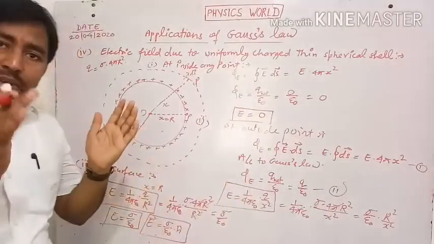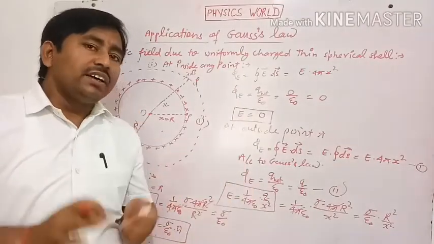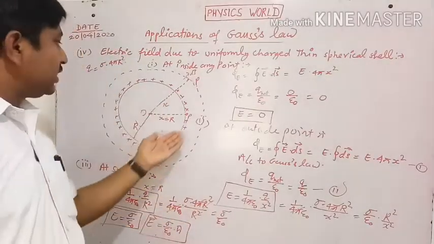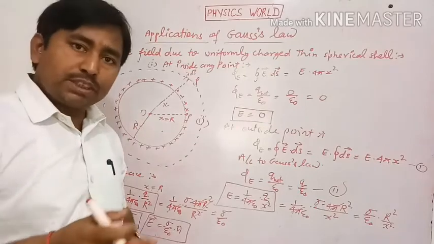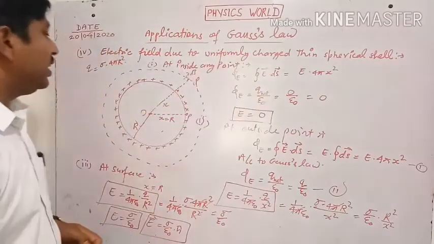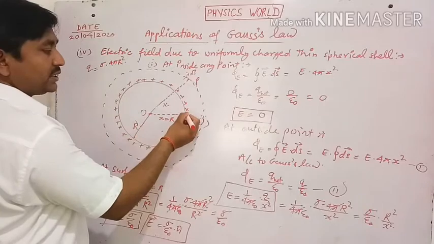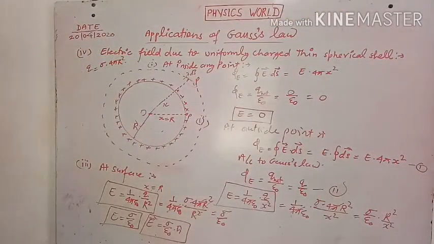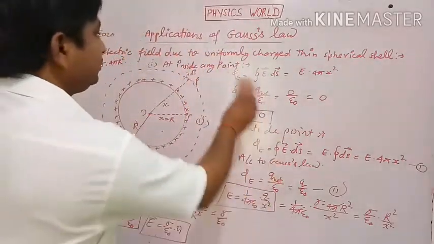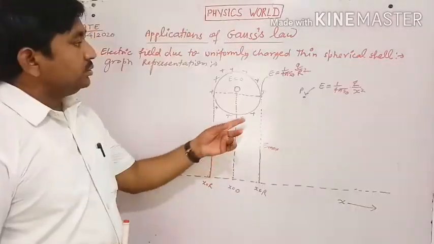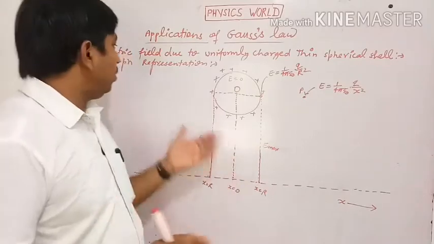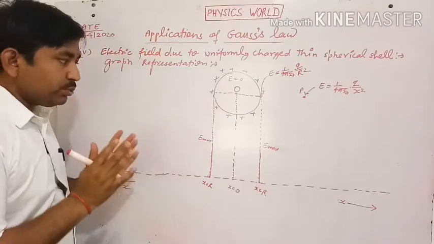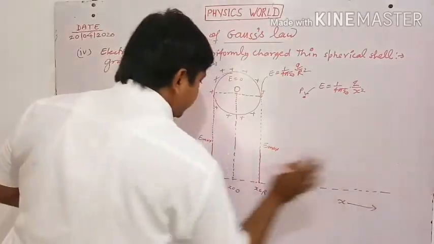There are some graphs which represent the variation of the electric field due to this spherical surface with respect to the distance, from inside the surface to the surface and out to infinity. So let us draw that graph. This is the graphical representation of the electric field intensity which varies with respect to the distance x.